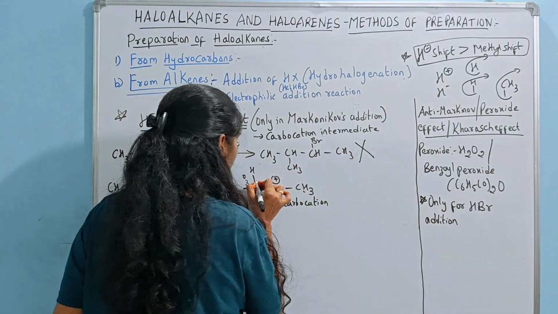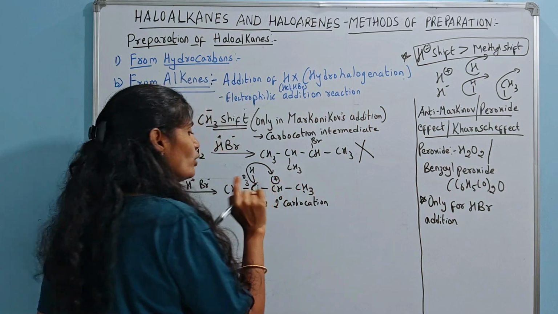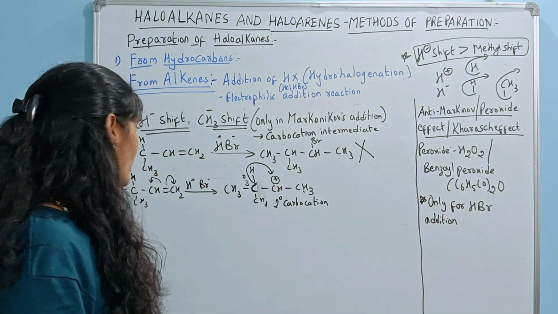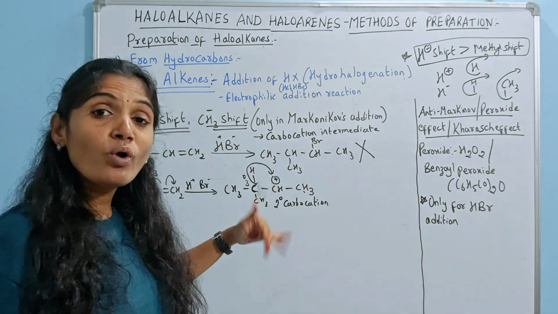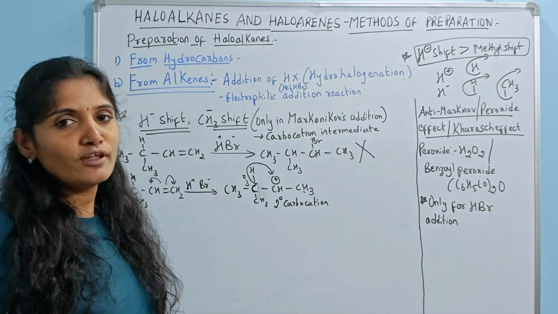Now what will I do? I will do hydride shift here. If two methyl groups are there, you will do methyl shift. Now don't think that if two hydrogens are there, I will shift hydrogen. That is not the case.